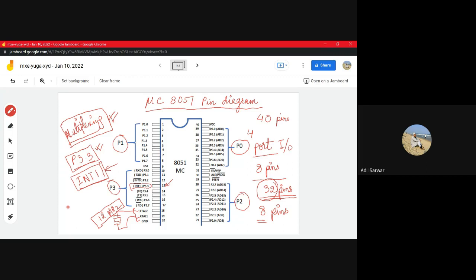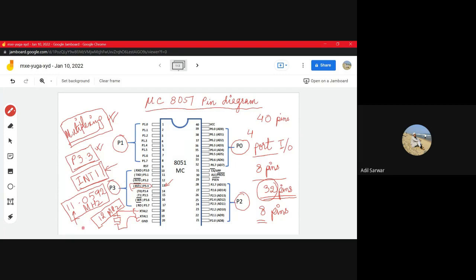And in some situations, we even give pulses of frequency 11.0592 megahertz. Why is this peculiar frequency given? It is given when we are using 8051 for serial communication. It has something to do with baud rate, which we will discuss when we deal with the serial port and serial communication through 8051.